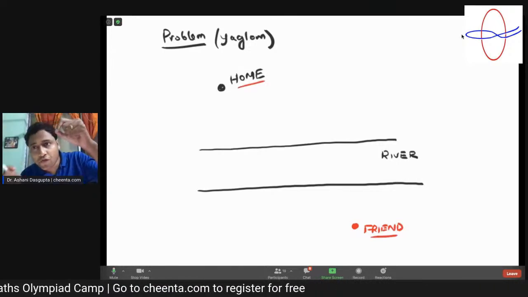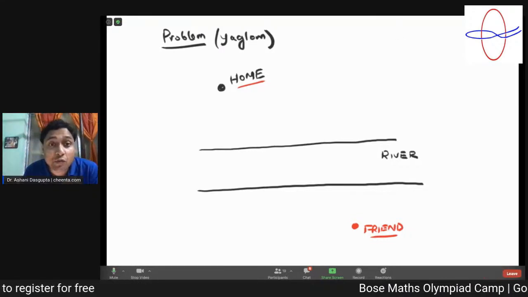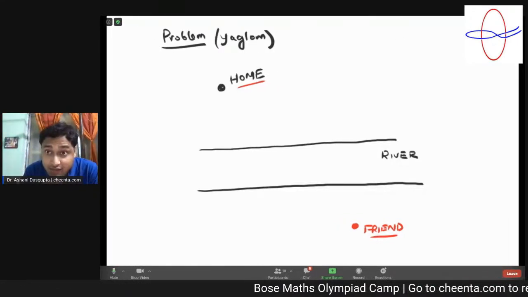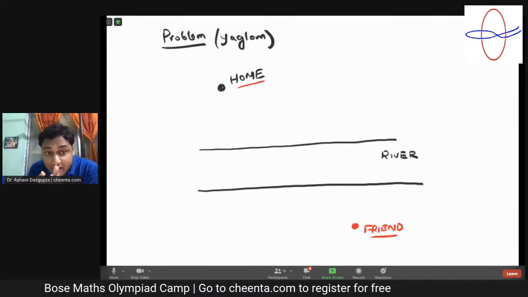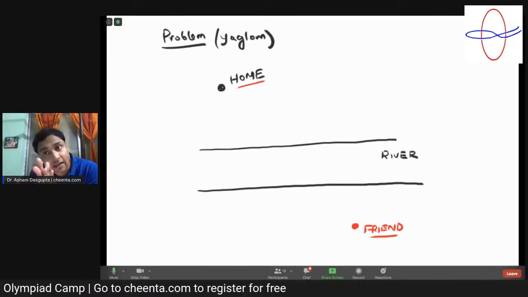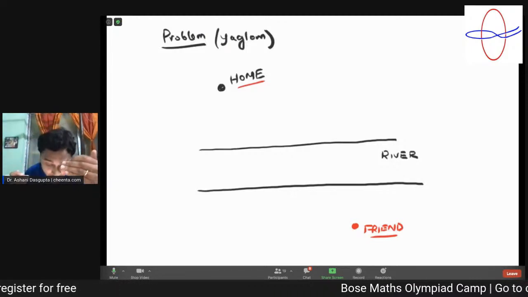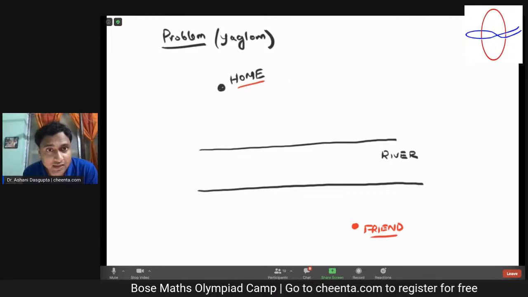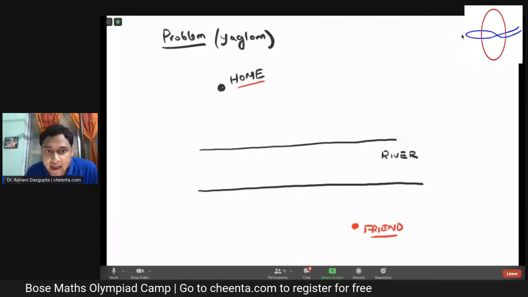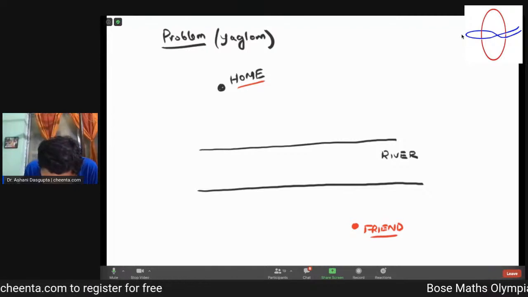So you want to go from your home to your friend's home, and you want to make a bridge on this river so that you can do that. The bridge will be a vertical line across the river. So, for example, we could have the bridge here.